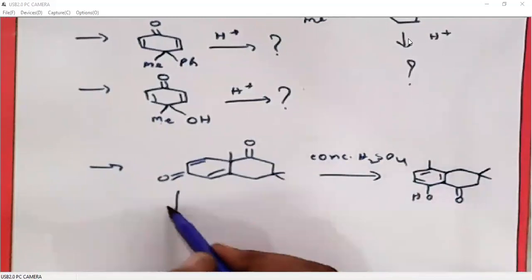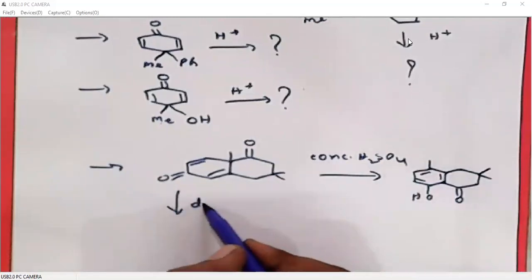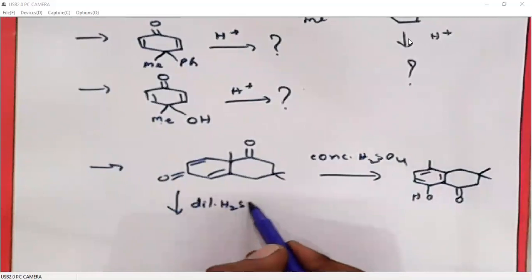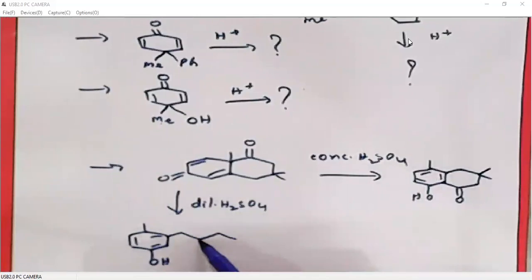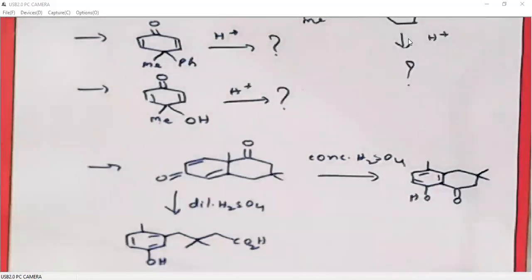Whereas the same molecule, when it is treated under dilute sulfuric acid conditions, it is giving this product. Now, what is the difference between concentrated H2SO4 and dilute H2SO4 conditions?